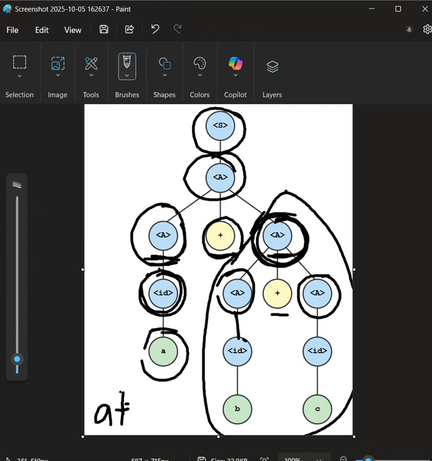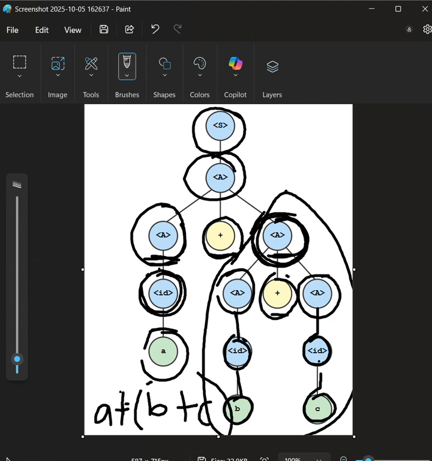So A becomes ID and ID becomes B. So A plus B, then plus, and then A becomes ID and ID becomes the identifier C. So it becomes A plus, then B plus C. So this derivation creates a parse tree with the right interpretation.